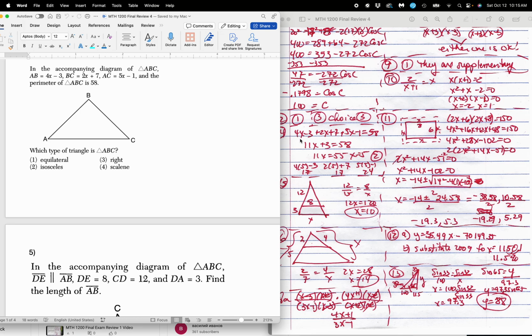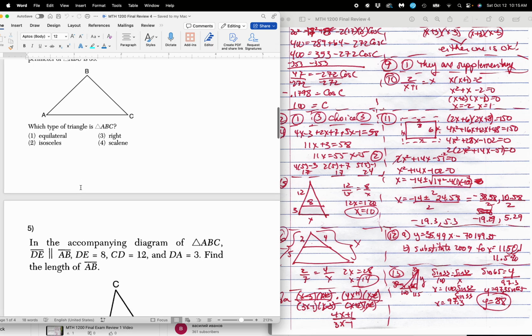Same side, same operation, combining like terms here. 6x, 11x, minus 3 and 7 is 4, minus 1 more is plus 3, is 58. Subtracting the 3, dividing by 11, I get x is 5. 4 times 5 minus 3 is 17. 2 times 5 plus 7 is 17. And 5 times 5 minus 1 is 24. A 17 and a 17 makes this isosceles.